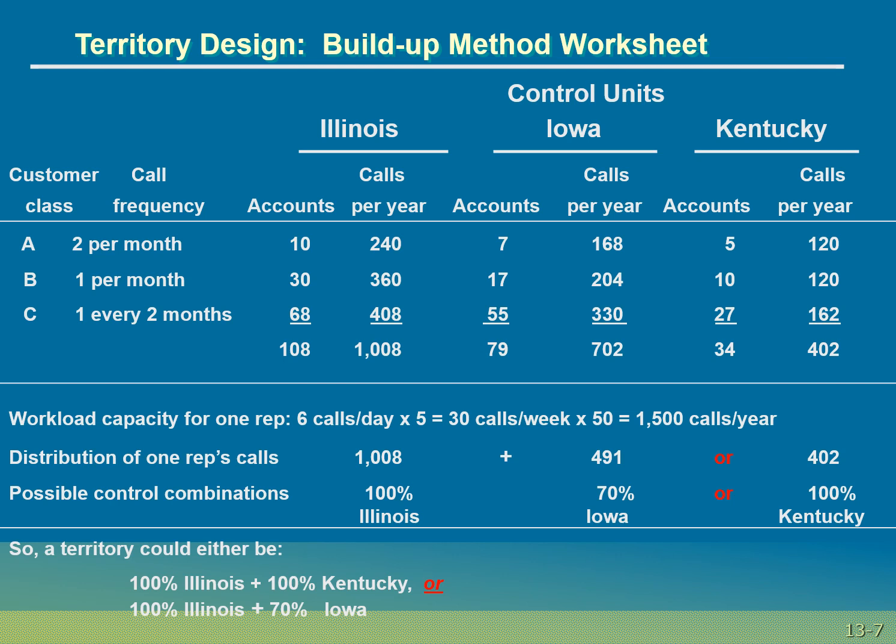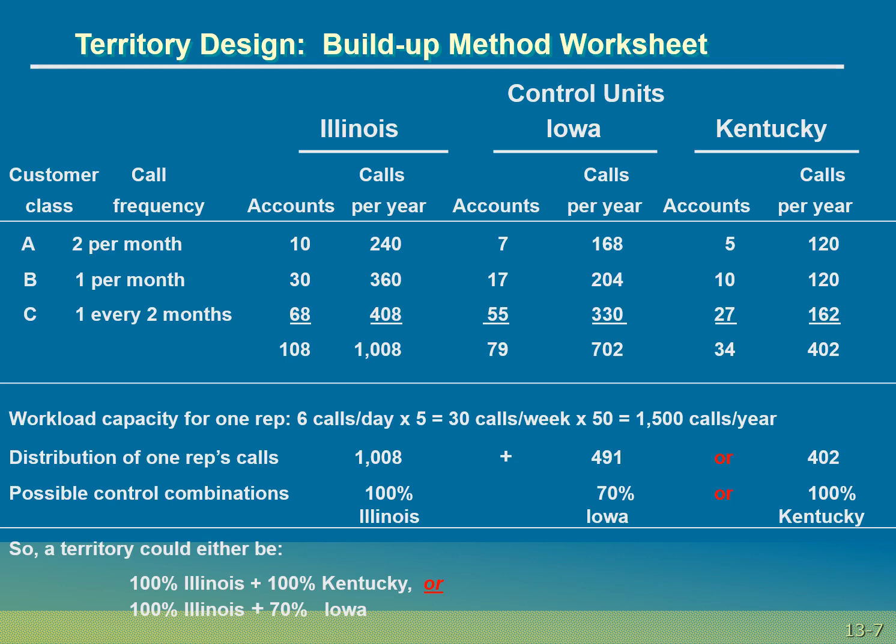Okay. Now, what is the workload capacity for one sales rep, for one person? What's the workload capacity, right? The person may make 6 calls per day, visit 6 customers, right? And then works 5 days a week, and that's 30 calls per week, right? 30 calls per week times 50 weeks.